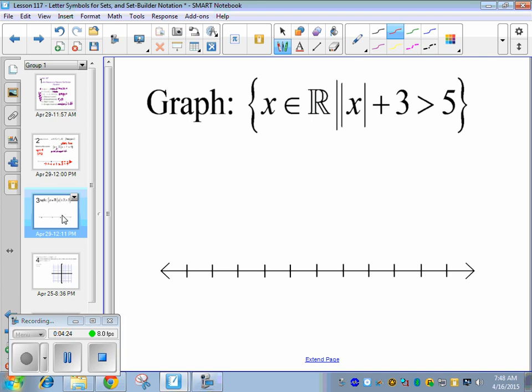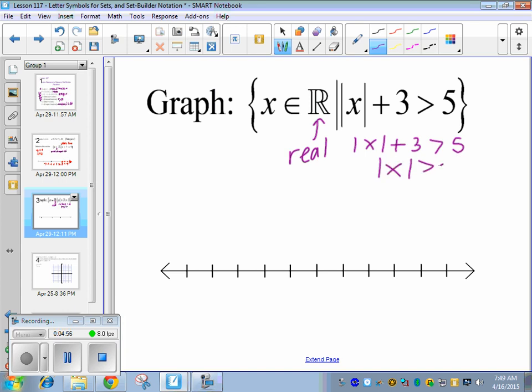All right, so this one reads, x is an element of, what is this one? Of the reals, such that the absolute value of x plus 3 is greater than 5. So, again, real numbers, meaning we're shading the number line, we're including all the decimals and fractions in between. So for absolute value of x plus 3 greater than 5, we would subtract 3 from both sides.